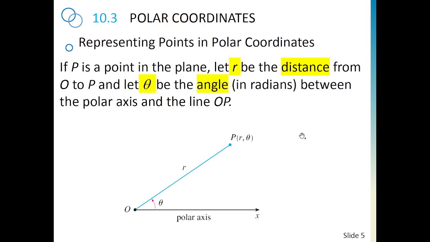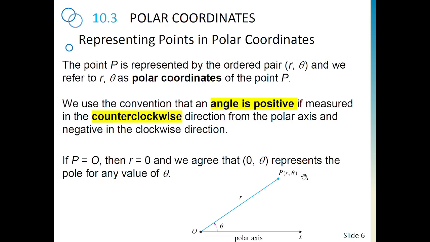We will see that we have several ways to represent the same point in polar coordinates. It's a little different from Cartesian coordinates. The angle goes in our usual way, counterclockwise, as a positive angle. What happens when r is 0? Well, we are at the origin, or the pole.